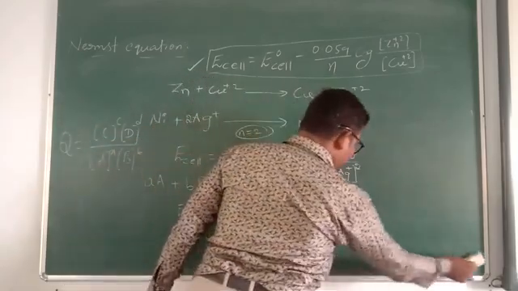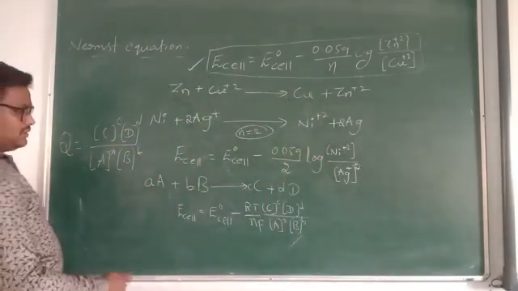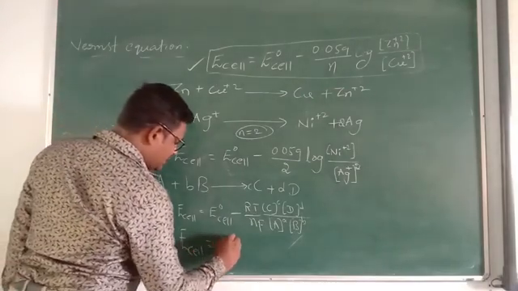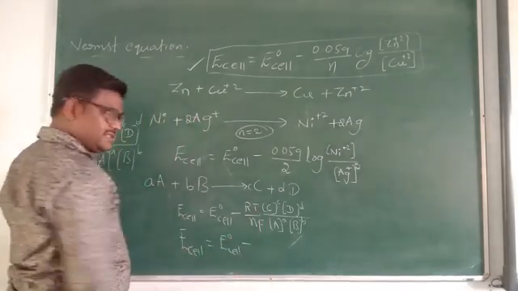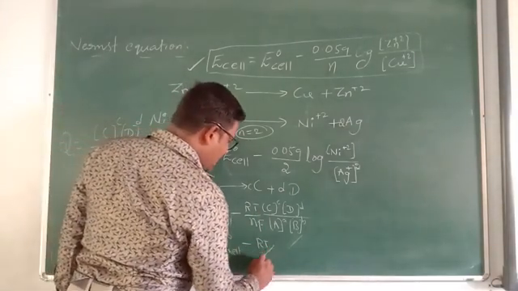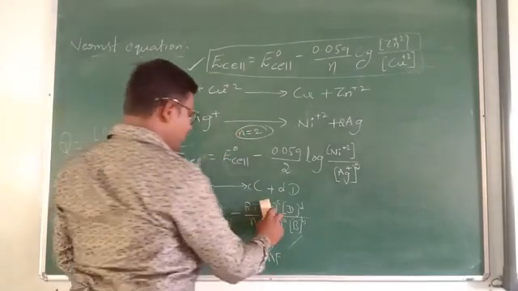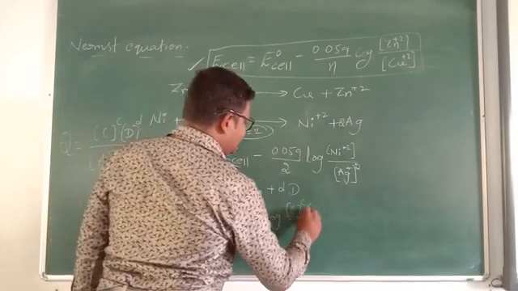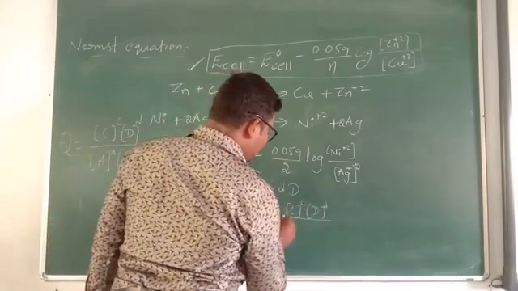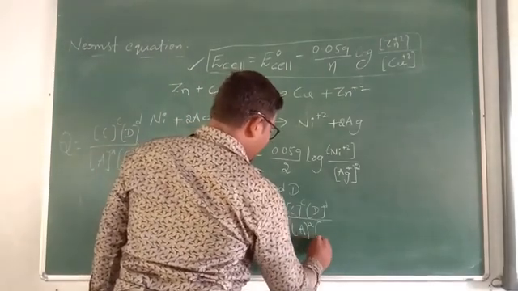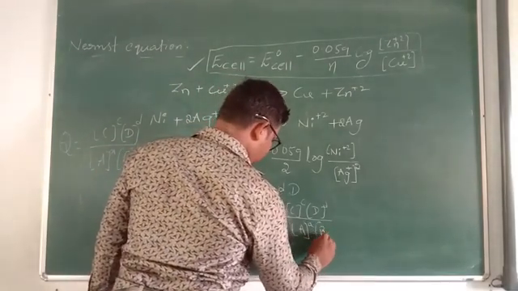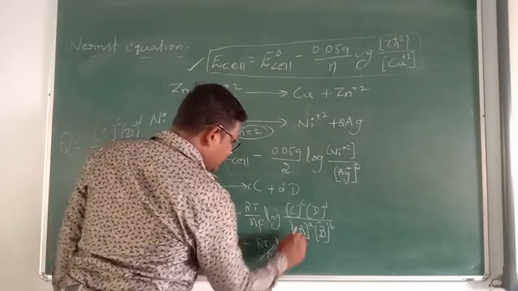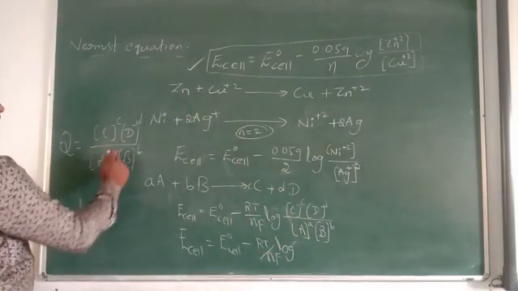So E cell is equal to E naught cell minus RT by nF. Sorry, I forgot log here. Log of C power c, D power d by A power a and B power b.